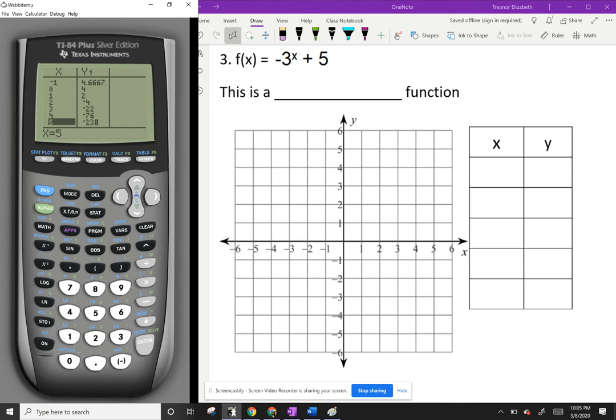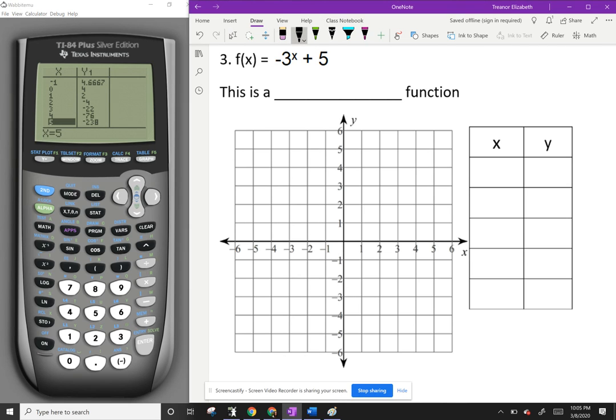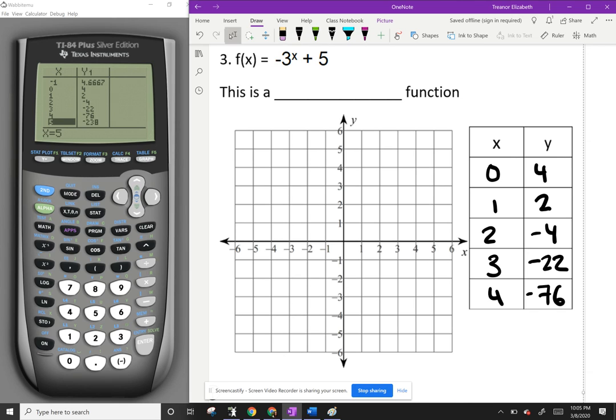Instead, we're just going to include the other points. So we have 0, 4, 1, 2, 2, -4. And the rest of these points won't actually fit in our graph, but I'll include them anyway. So we got 3, -22, and 4, -76.